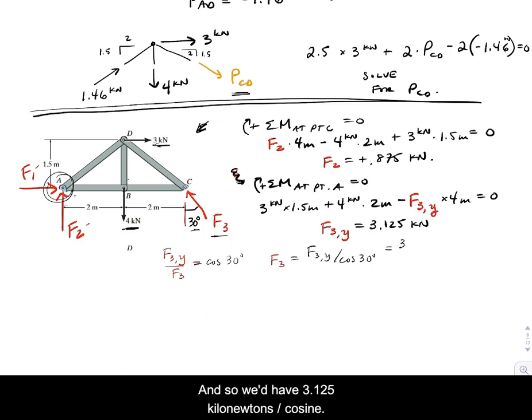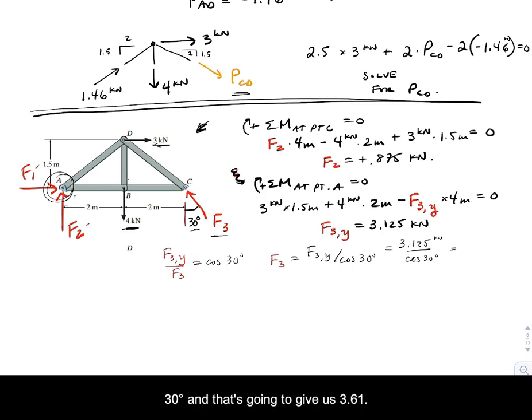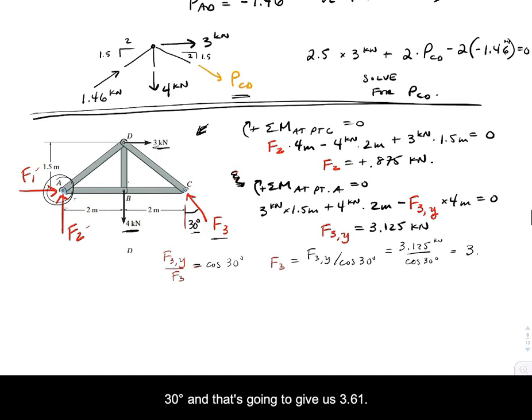And so we'd have 3.125 kilonewtons divided by cosine 30 degrees, and that's going to give us 3.61 kilonewtons for the vector F3.